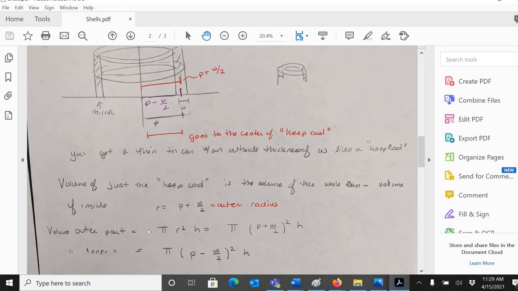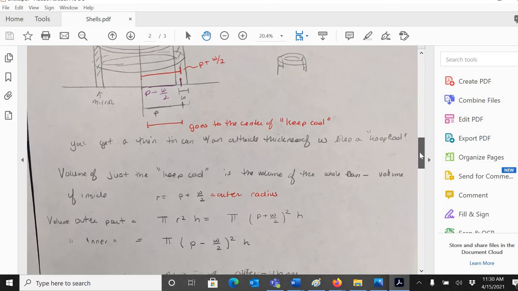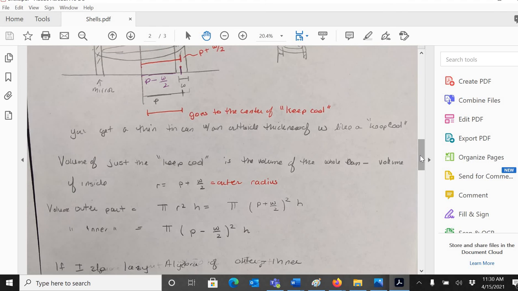If the koozie and the soda can are together, the volume of the whole thing is going to be pi r squared h. And so I just put in my outer part, which is p plus w over 2. And then the inside, the radius is going to be p minus w over 2, because if p is all the way to the center, I've now slid over w over 2 amount.